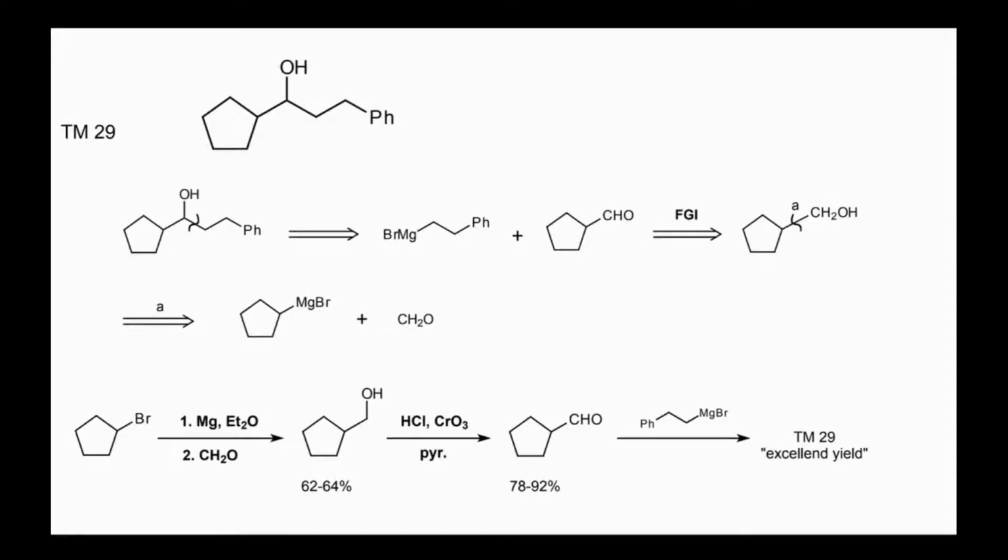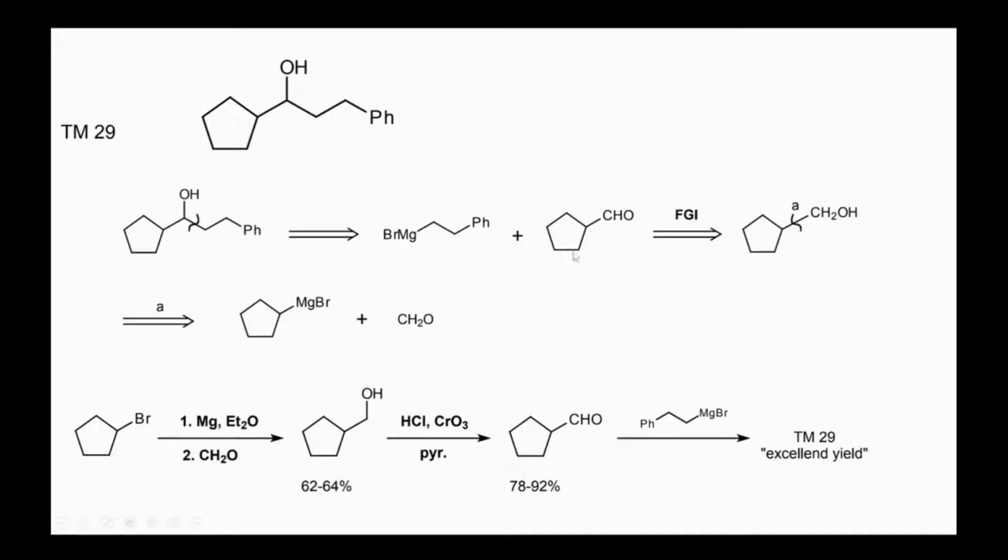Okay, let's move on to this example where you have a tertiary alcohol. Now you can disconnect this tertiary alcohol. You should have all the toolkits to disconnect this tertiary alcohol, when one side will become aldehyde and the other side will become Grignard reagent, and in the next step you react aldehyde with Grignard reagent to give you this product.